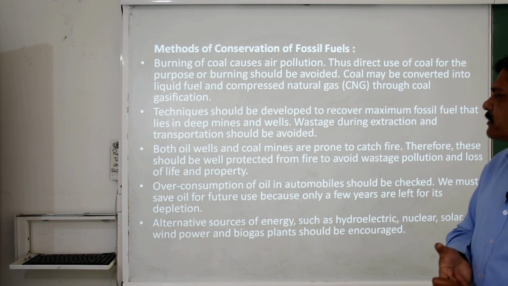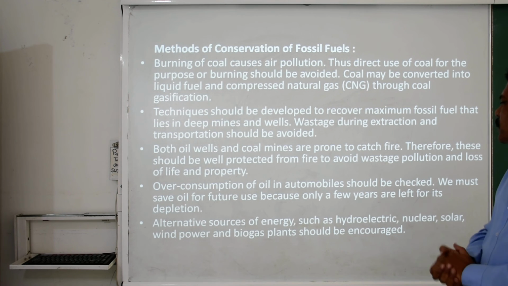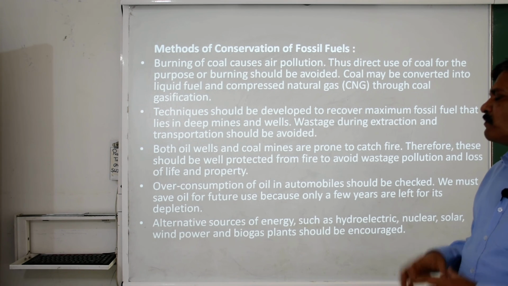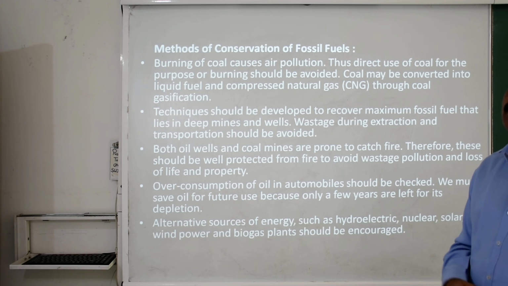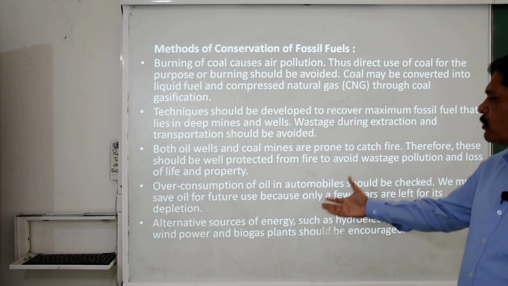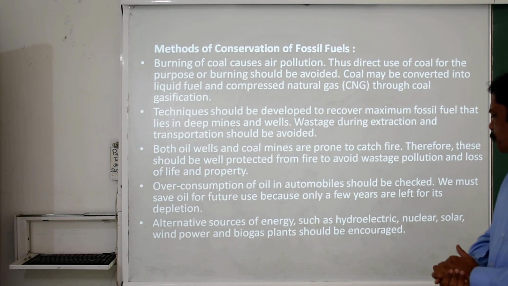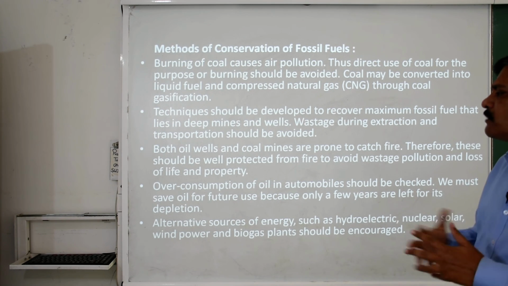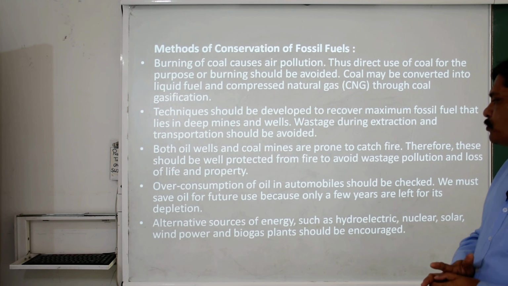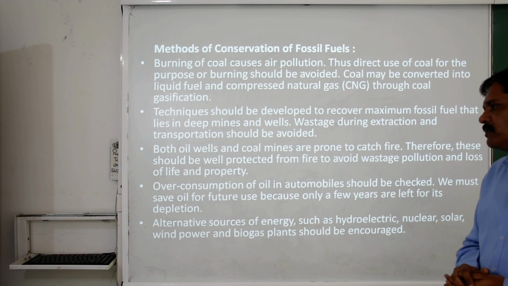Both oil wells and coal mines are prone to catch fire, so they should be well protected from fire to stop the loss of these natural resources. The overconsumption of oil in automobiles should be checked, and we must save oil for future use, because only a few years are left for its depletion.